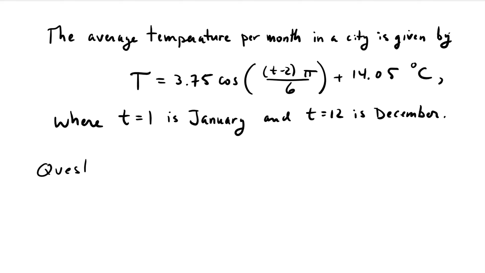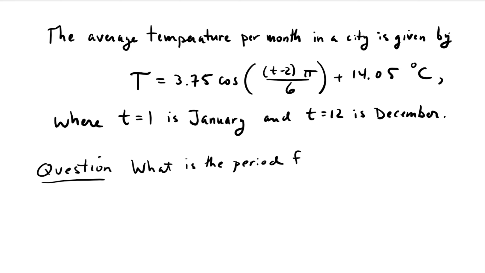Let's say I don't have access to Desmos, and I'd like to know what the period is for this function. Remember, the period is a length, here a length of time, where you've got a full cycle for the function.